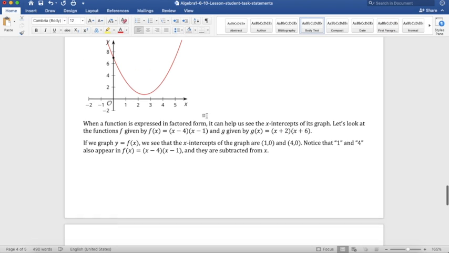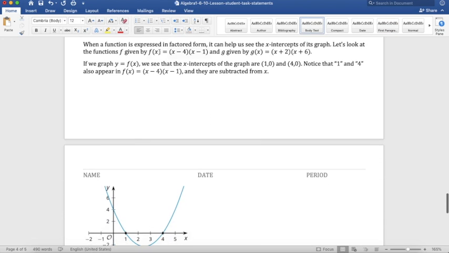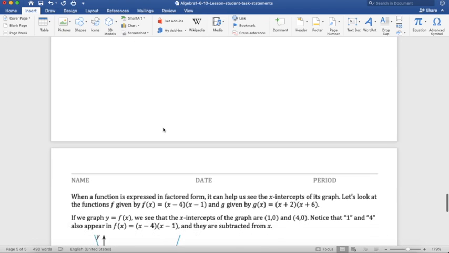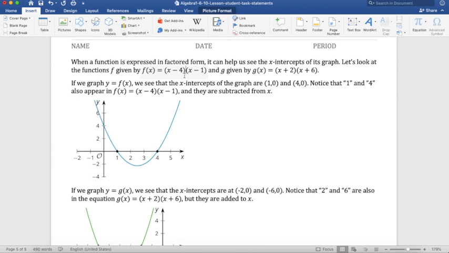Anyway, side note. When a function is expressed in factored form, we can see the x-intercepts. So we see f of x is x minus 4 times x minus 1. And that's all on the next page. We can see in f, my x-intercepts are 1 and 4 from my graph, and they're 4 and 1 from my equation.